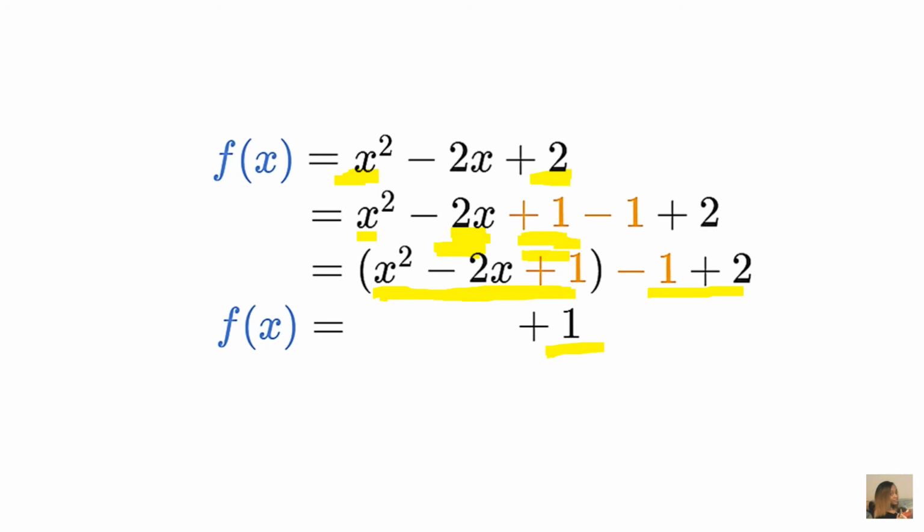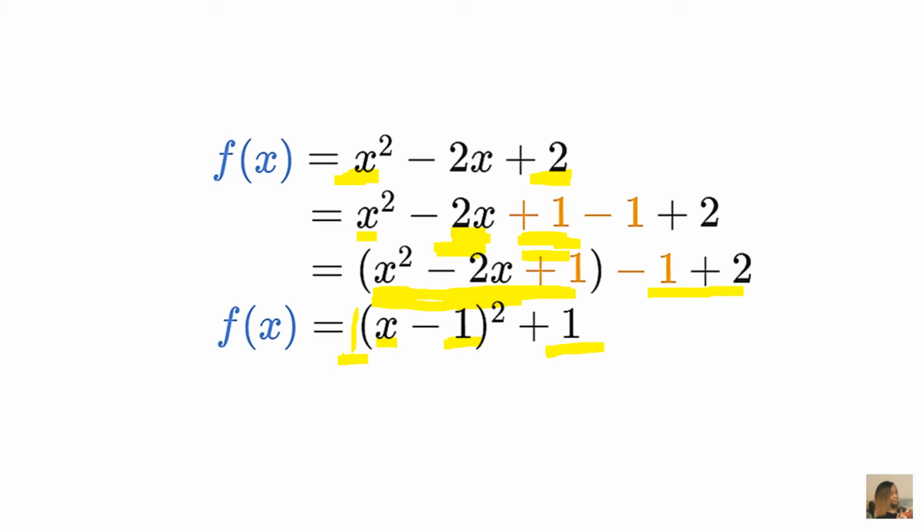So now we have to reduce this into a times x minus h form, and that's going to be basically 1. You don't need to write the 1 here, but I'm just doing it for understanding. x minus 1. So our h term is going to be 1, and our k term is 1.